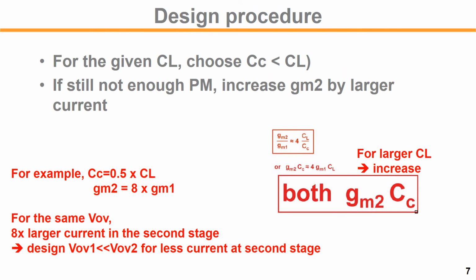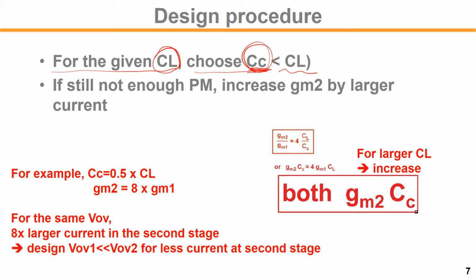To summarize the two-stage amplifier design procedure: for the given load capacitance CL, we choose the compensation capacitance, but the size of CC must be smaller than the load capacitance. In that way, we can use the area more efficiently.